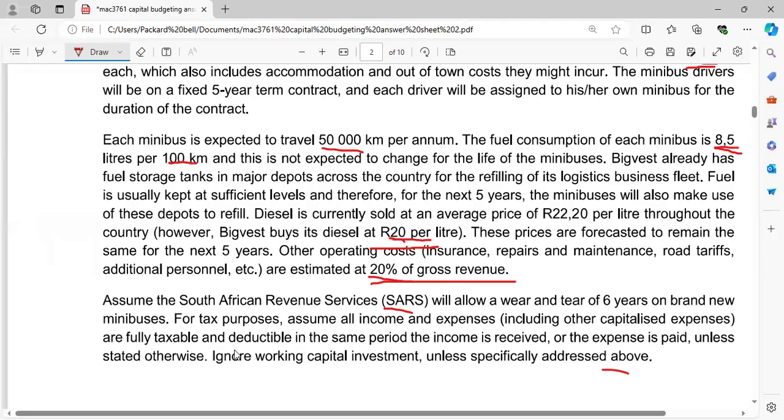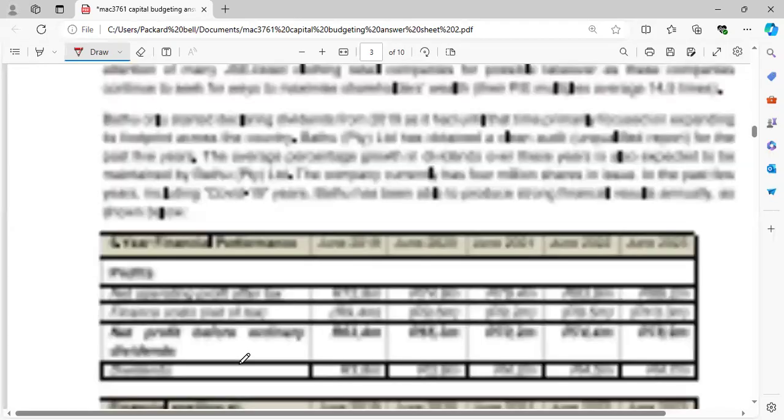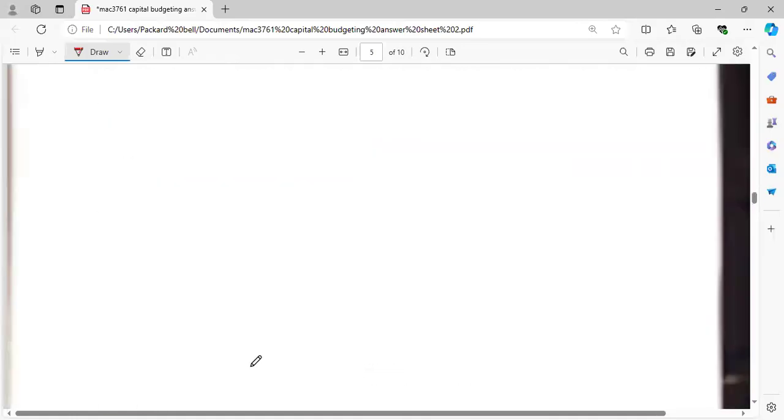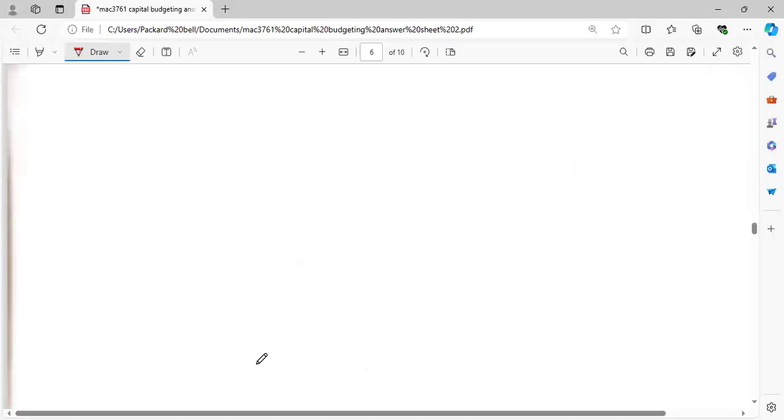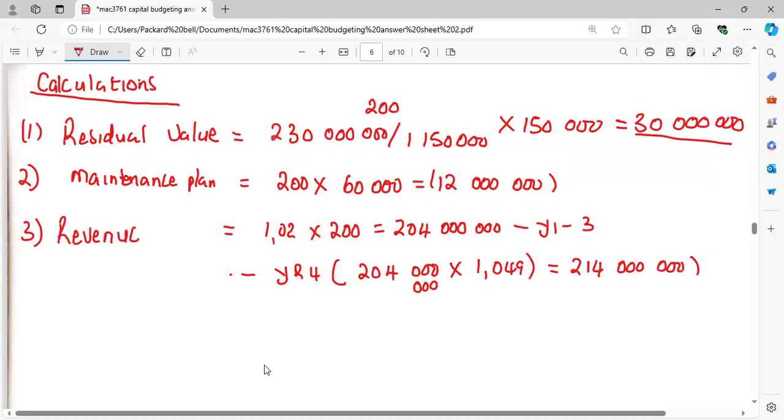So you need to determine the fuel consumption of each minibus is 8.5 liters per 100 kilometers. Which means for the fuel cost, you are going to first convert your 50,000 to the proportion of that per liter. So you come here and say your calculation number 4, fuel consumption.